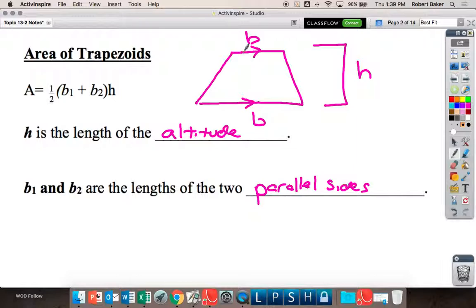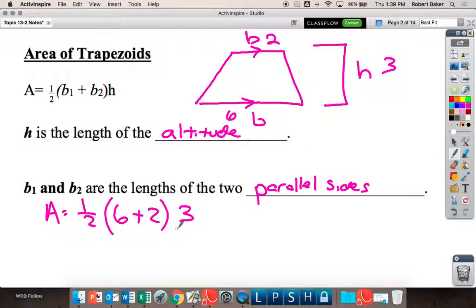So let's talk about this pink trapezoid that I've just drawn. Let's actually make some numbers. I don't know, 2, 6, and 3. Let's find the area of that trapezoid. So area equals 1/2 times base 6 plus the other base 2, times 3, the height.